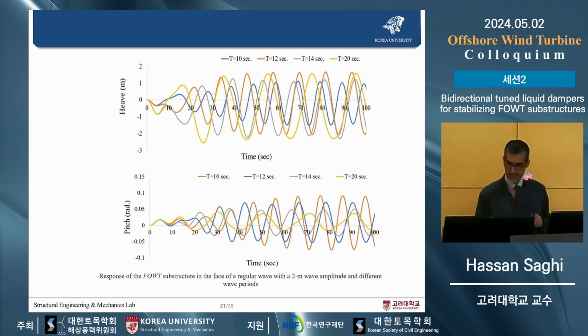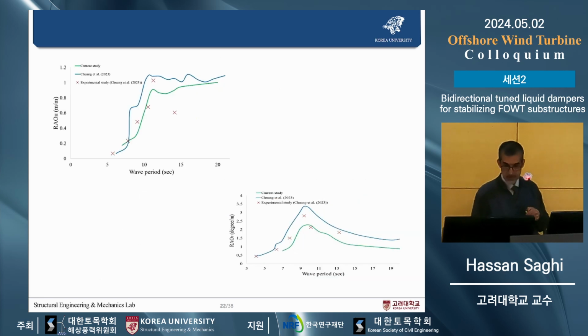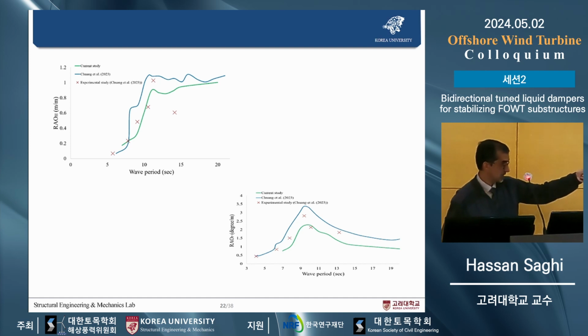The first figure is heave, and the second one is the pitch motion of the substructure, as I said, for different wave periods. Okay, based on the results, we summarize and extract the RAO of the substructure, heave RAO and pitch RAO, and compare with the results of Chuang et al., experimental and numerical, and actually we validated the model again by using these results.